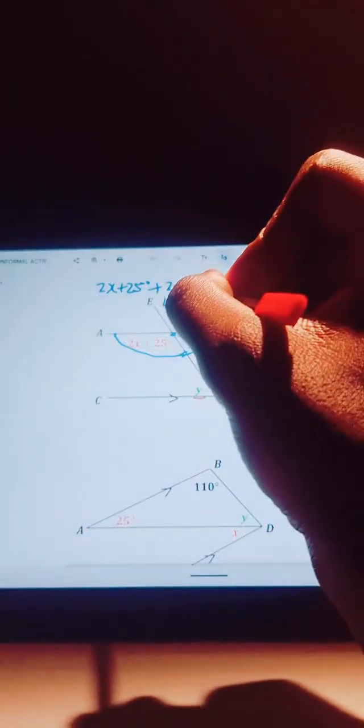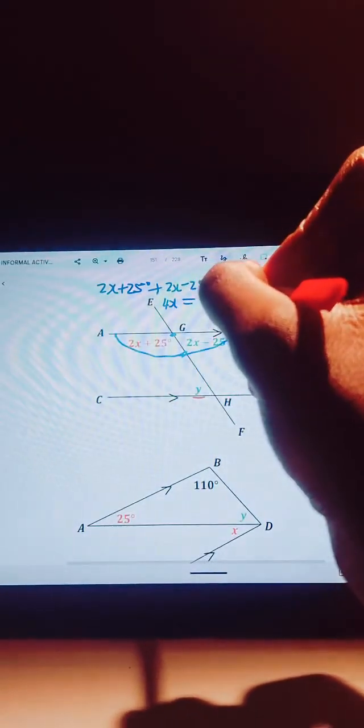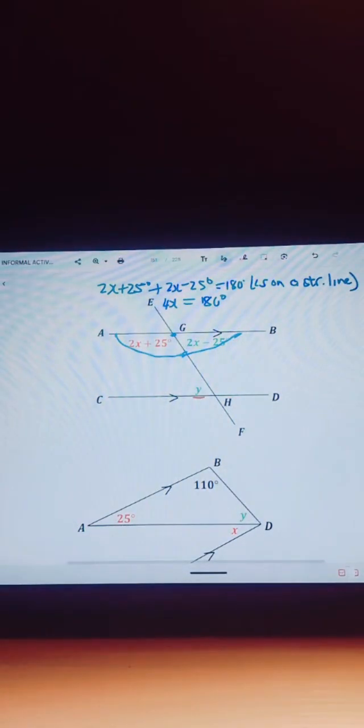Then we solve for x: 2x plus 2x is 4x, 25 minus 25 is 0. 4x is equal to 180.